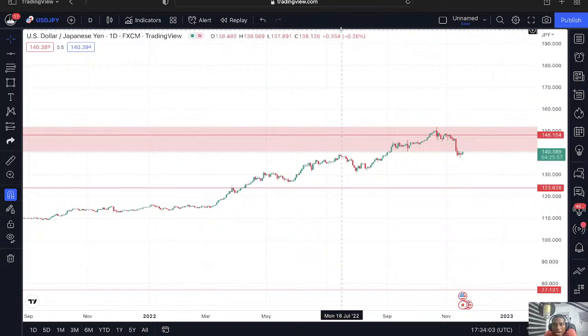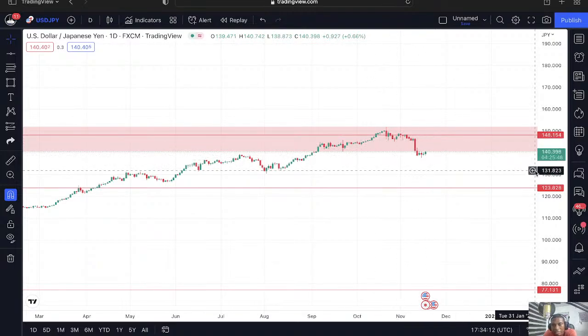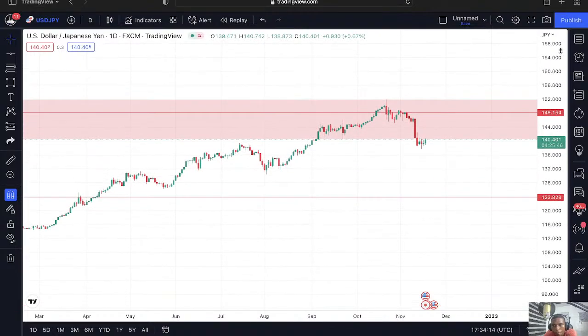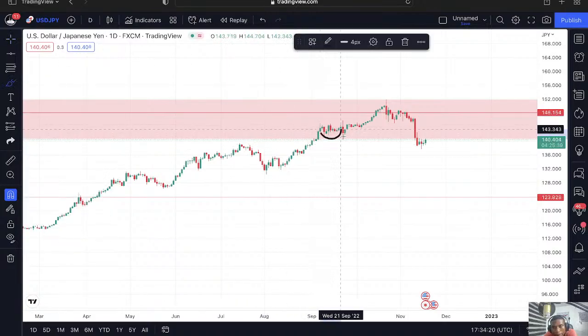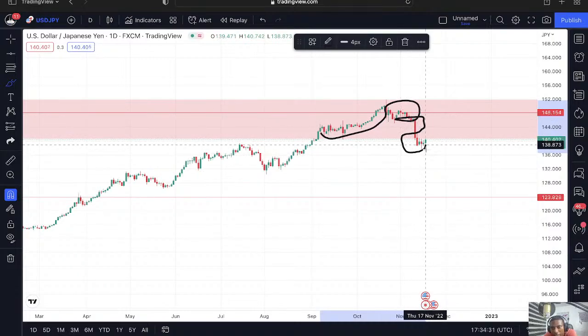So you can see what price has been doing here at this resistance region. Price got here, was rejected, and fell. Now if you observe, look at what price is doing at this place.